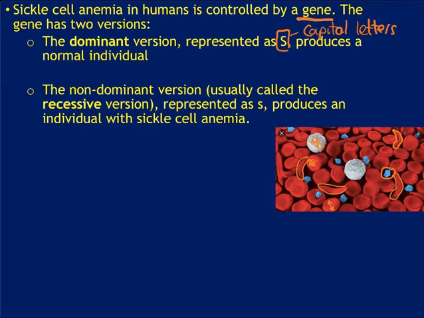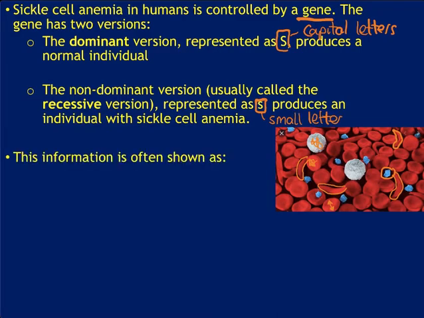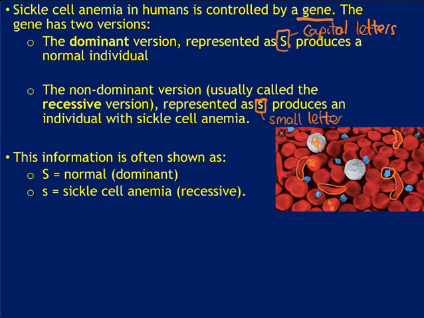And if you have the recessive gene, you will have sickle cell anemia. And there's a little caveat to that. So usually recessive is always with a small letter, is how they would use it. Now, this information I would normally write in this shorthand. So big S is equal to normal, and this is dominant, and small s is equal to, you'd have sickle cell anemia, and it's a recessive gene.